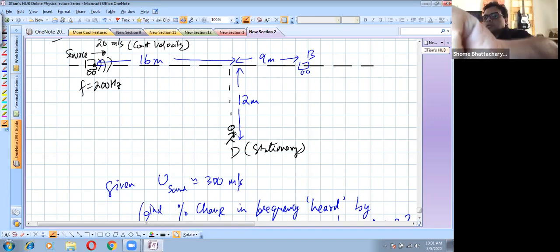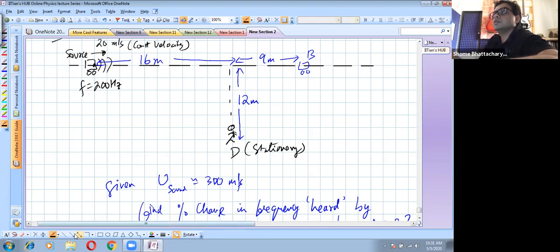Right, people. So hope you have got this. So in this case, you can see at this point the velocity's direction is along this line. I mean, the component we'll have to take is along this line, whereas the velocity vector itself is over here. So this velocity vector is 20 meters per second. And you can see that this angle here is going to be tan inverse of 12 by 16, or 37 degrees.